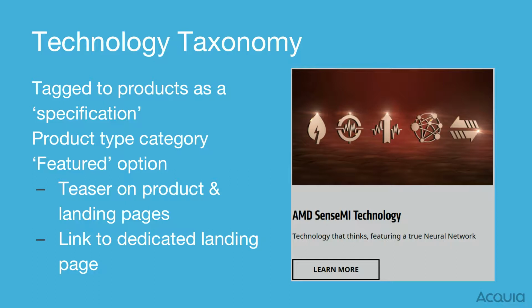Each individual technology can have different properties. If it's featured, it's going to get a little image and a tagline and maybe a link that goes off to a landing page telling us more about the technology.